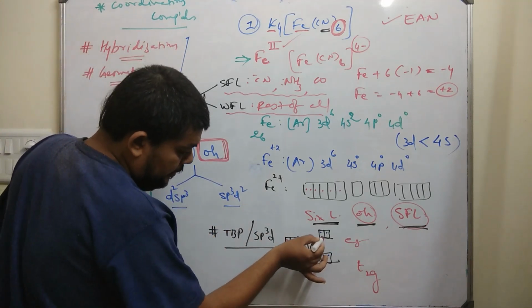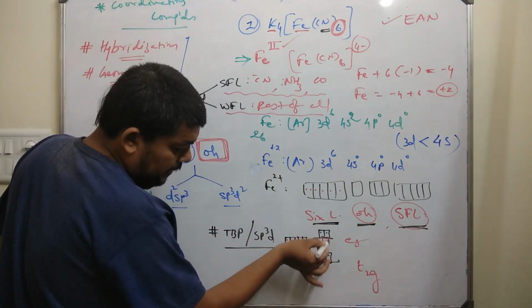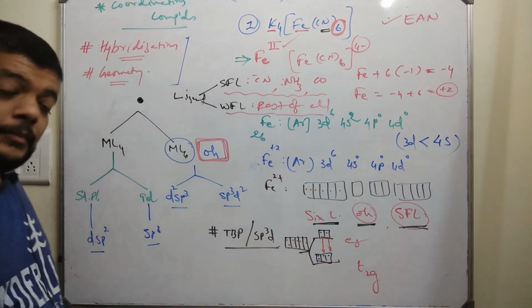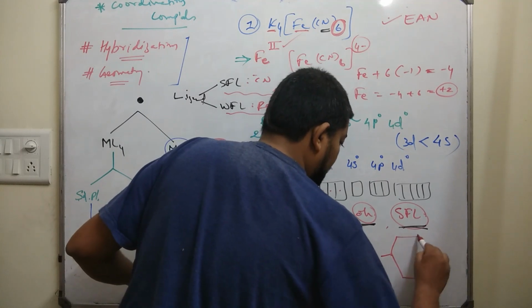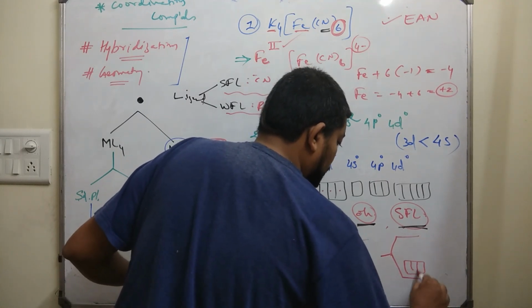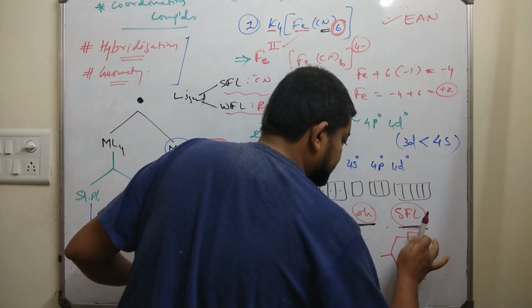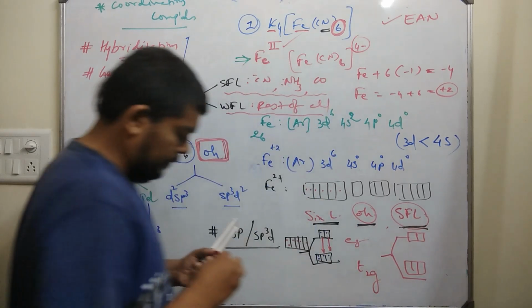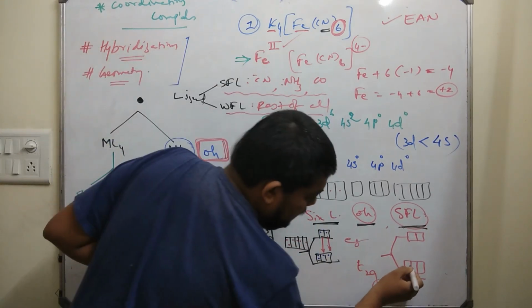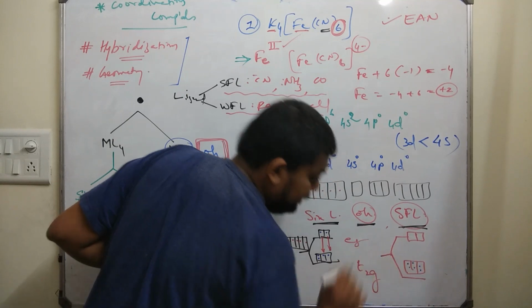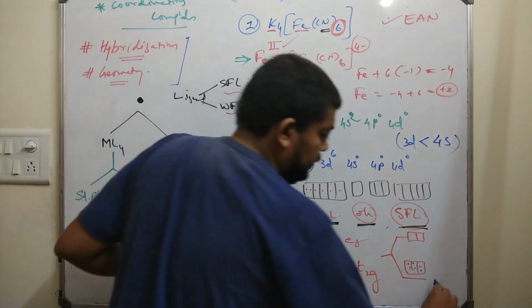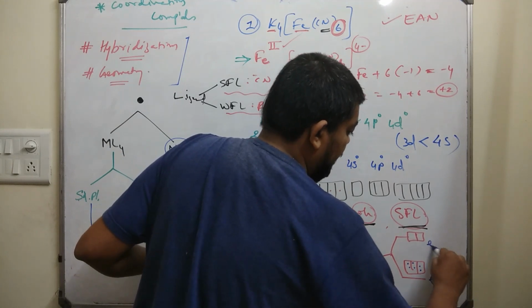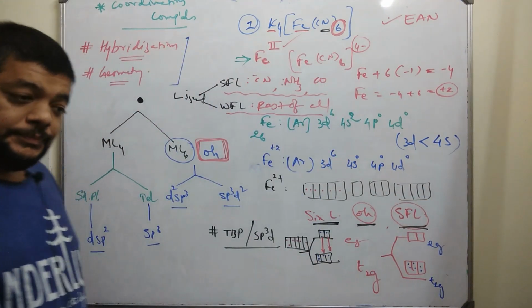Yes, this electron will settle here and this electron will settle here. Therefore, the electronic configuration will look like all 6 electrons at the bottom line, no electrons in the top. So it is T2G and EG.